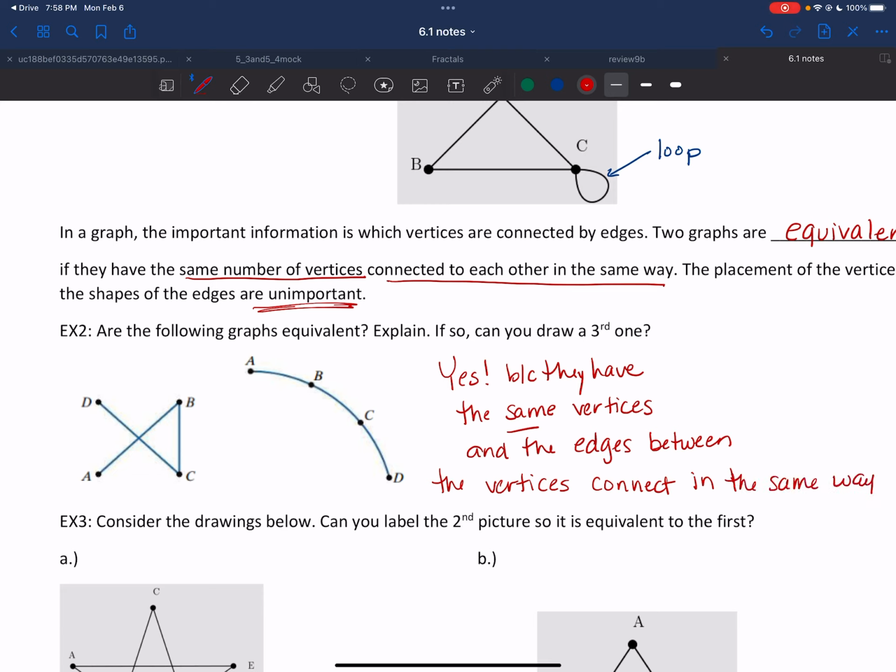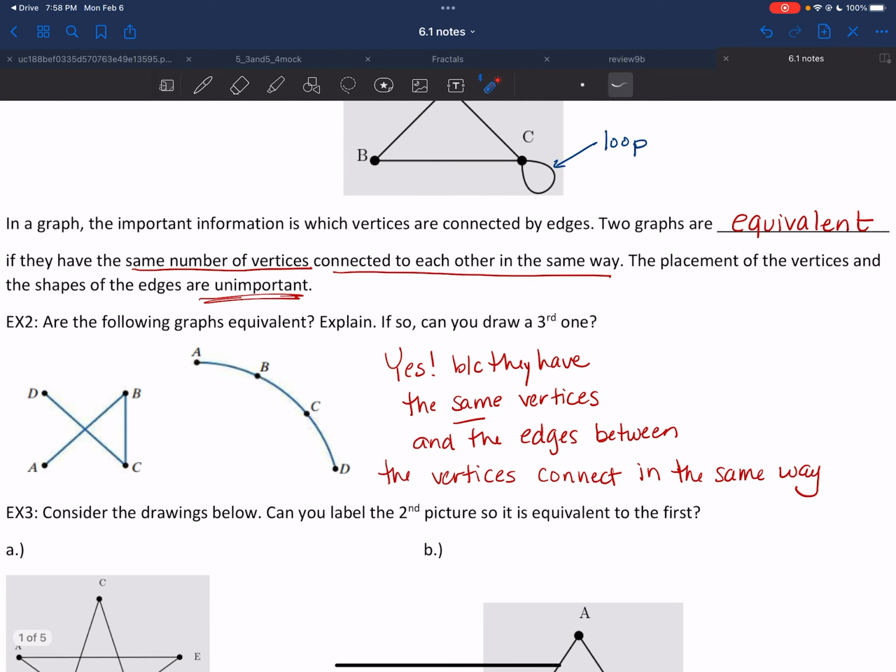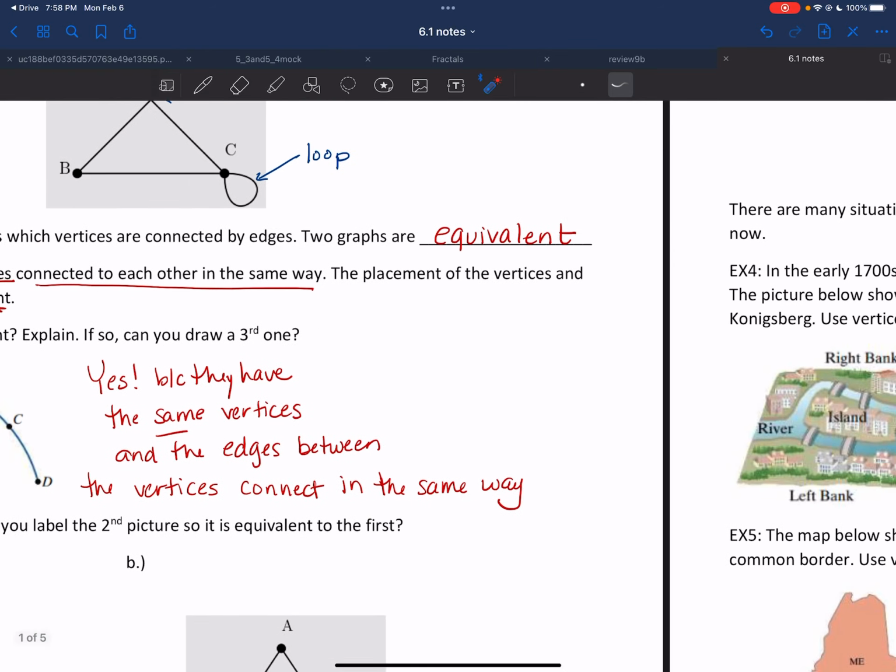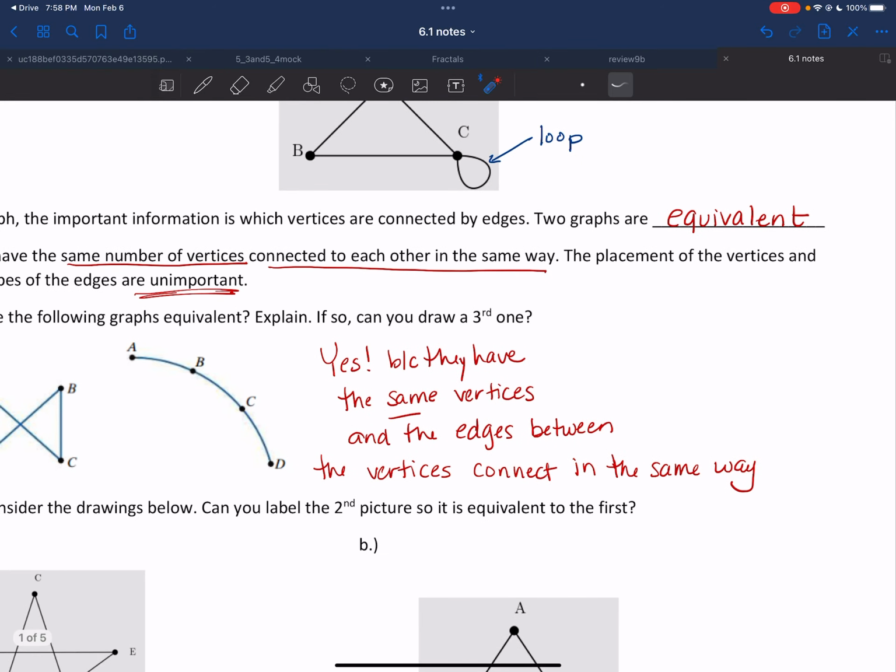If we had, let's say, a line from D to B, that would not be the same unless we also had a line from B to D on this one. So we have to look at some of those things. Can you draw a third one? Go ahead and pause this and see if you can draw a third one.